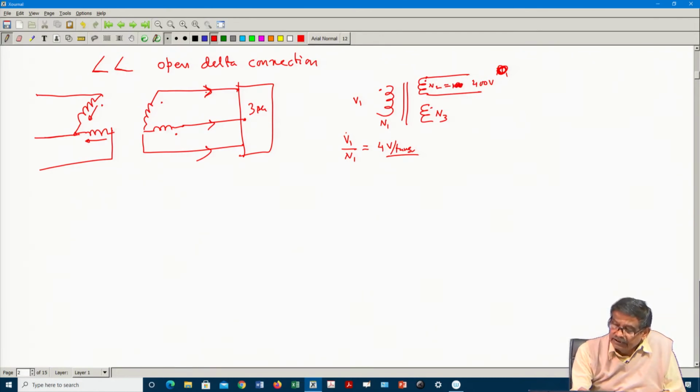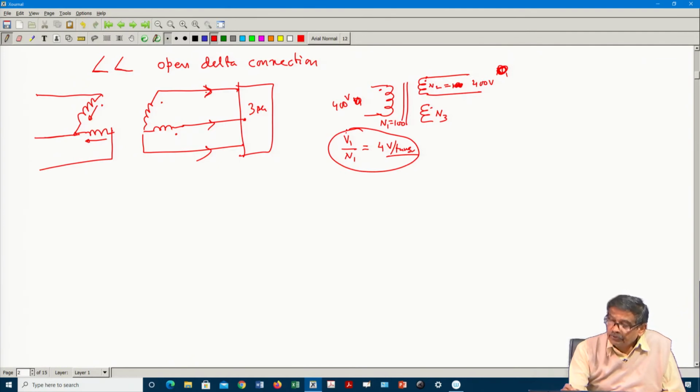Okay, for a change, let me put it like this. You apply 400 volt here, and suppose N 1 is 100, then I get voltage per turn to be 4 volt per turn. Now, suppose N 2 is 200, then how much voltage will you get here? 4 into 200, 800 volt, is it not?